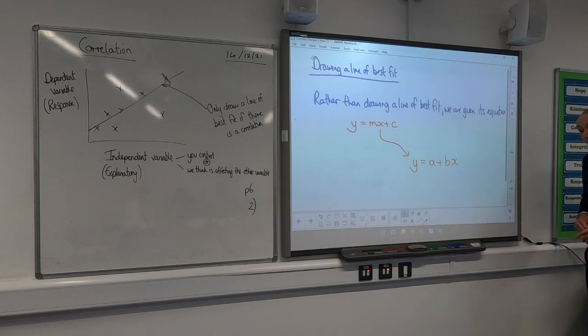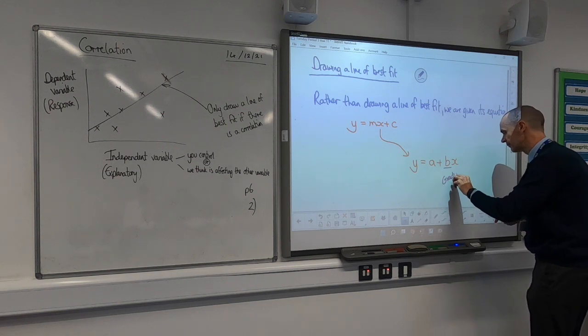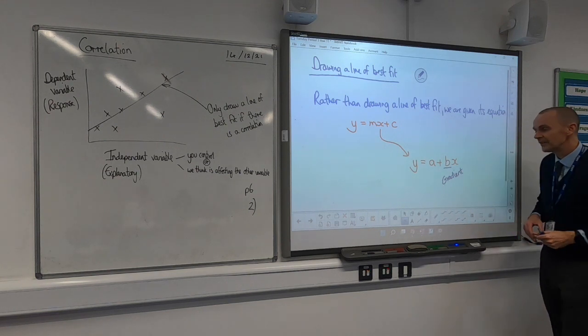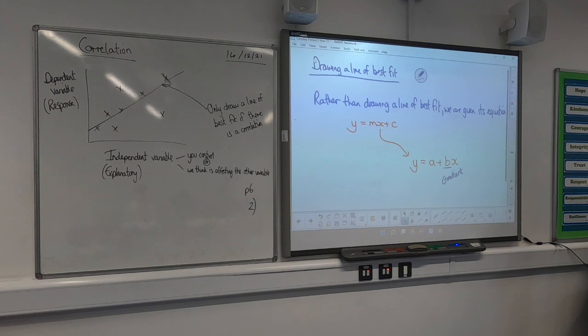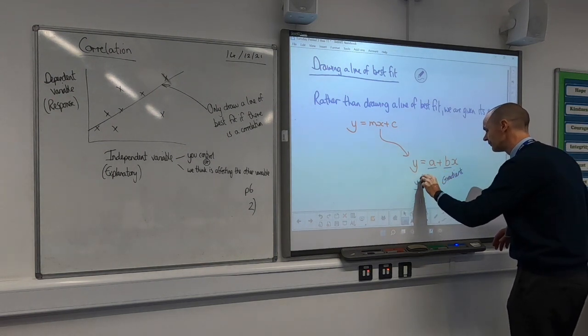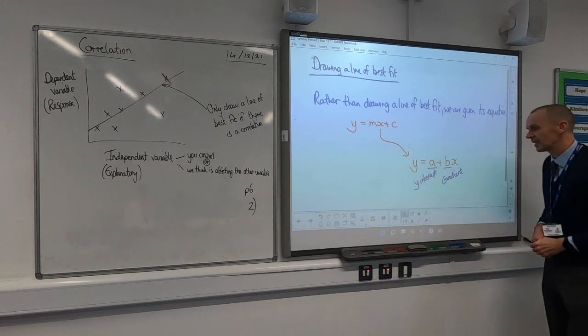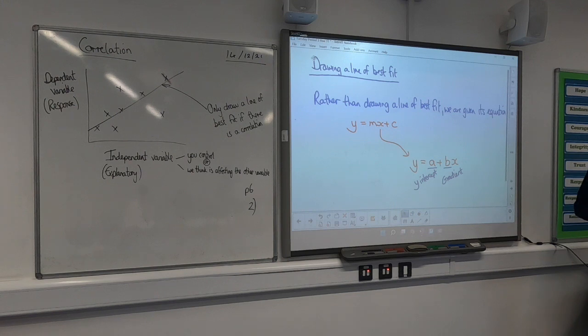They have replaced the m with a b, but it's still the gradient. They have replaced the c with an a, but it's still the y-intercept. And they've written them the other way around. Go figure.